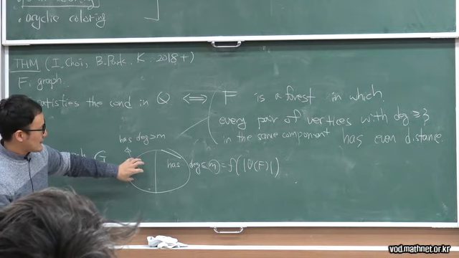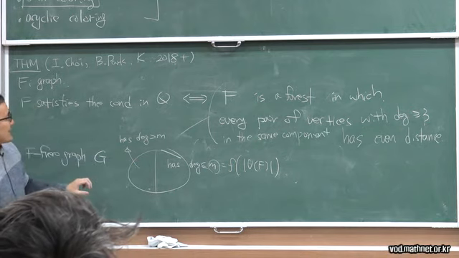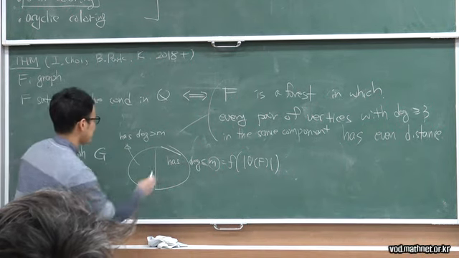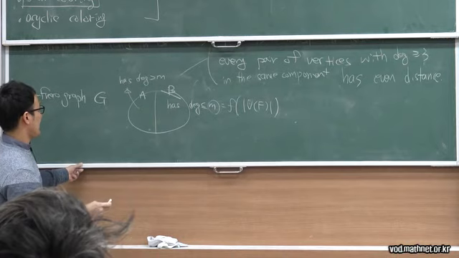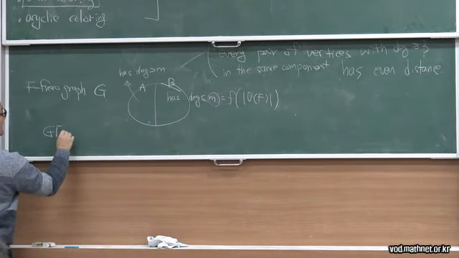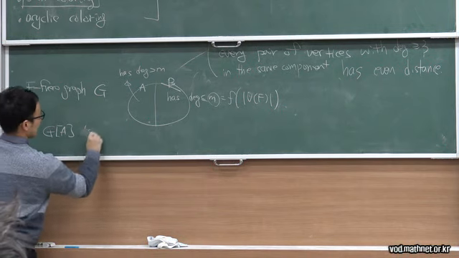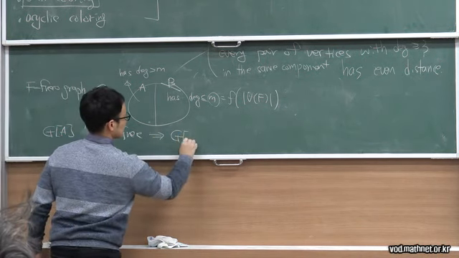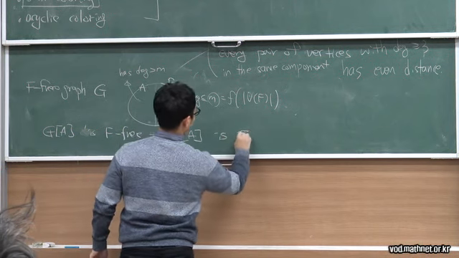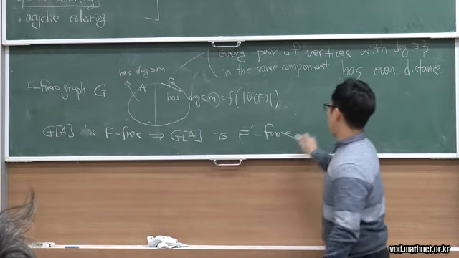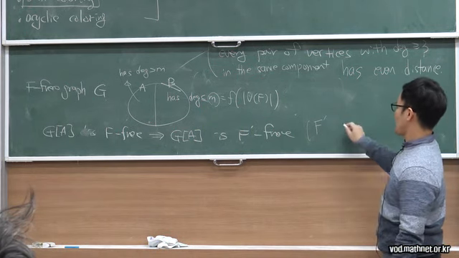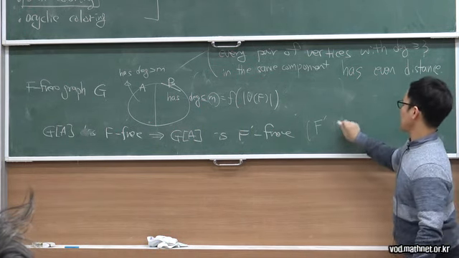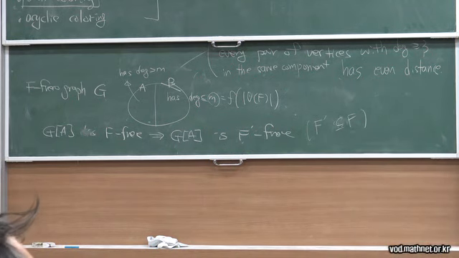Say this part is A and this part is B. Since G is F-free, this implies that B is F prime free, where F prime is obtained from F by some operation, but I'm not going to go into that.